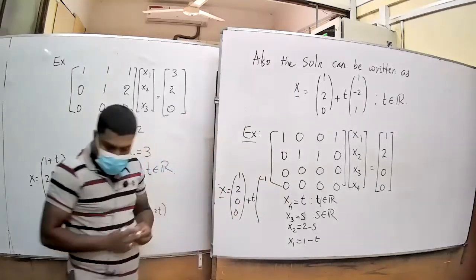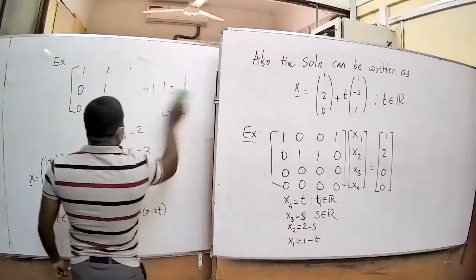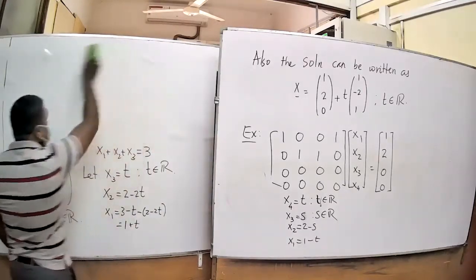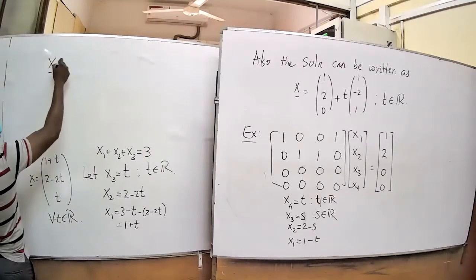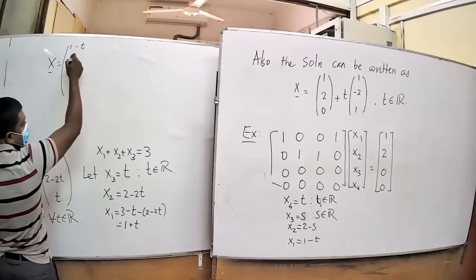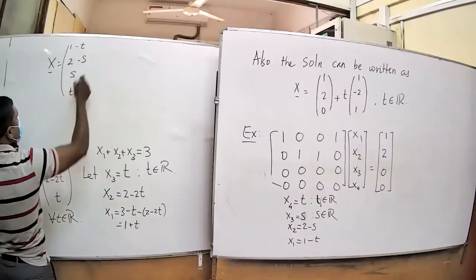Oh, let me write it here. Right? So my x is this: 1 minus t, 2 minus s, s and t.